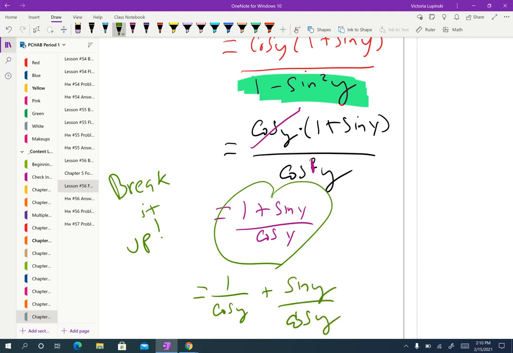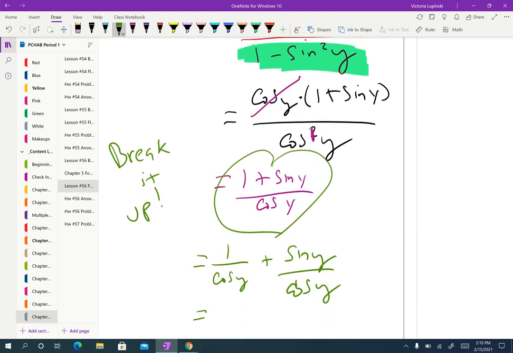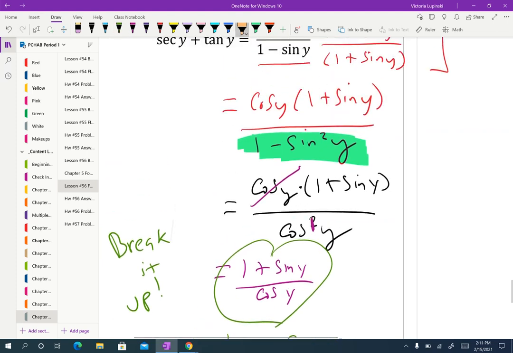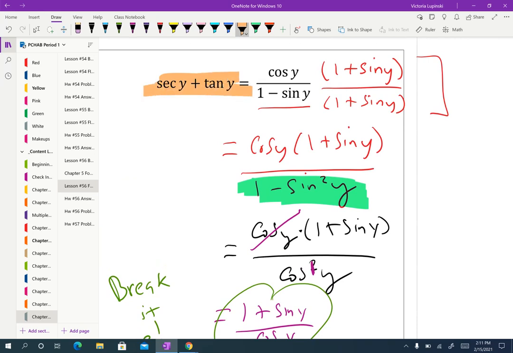And again, as long as whatever algebraic maneuver you do could be undone in the correct way to go back a step, that's how you know that it's legal. 1 over cosine, well, would you look at that? That is equal to a secant. A sine over a cosine is equal to a tangent. And because that is exactly what the left-hand side was equal to, we know that we are completed.